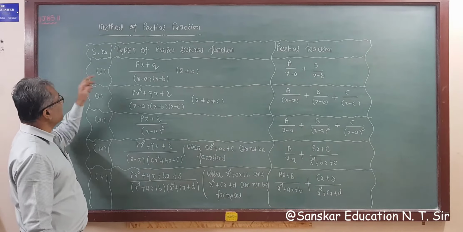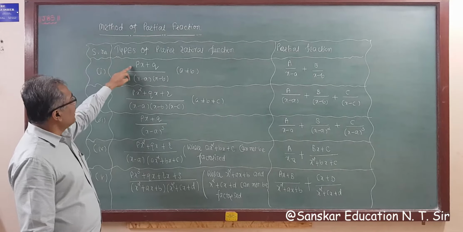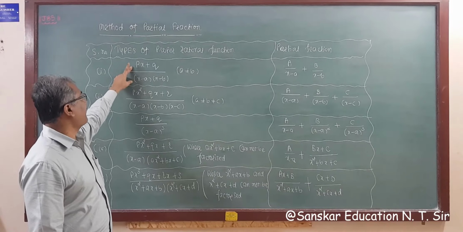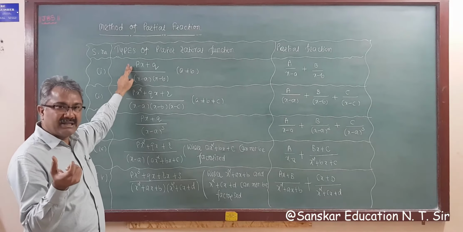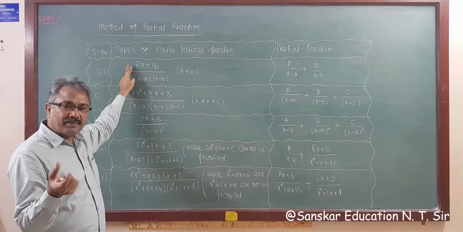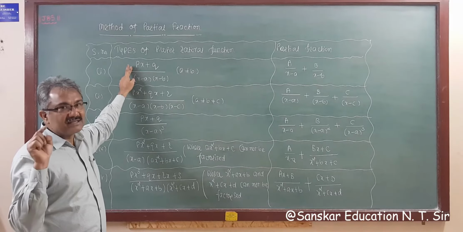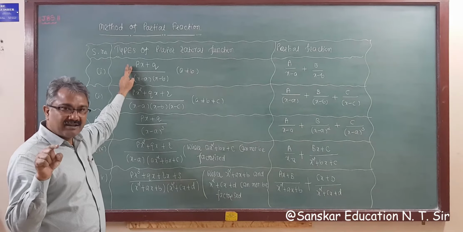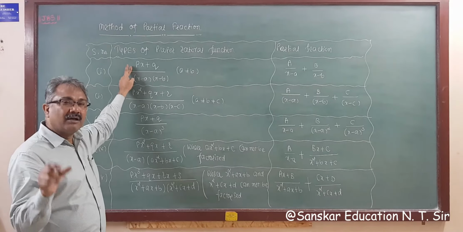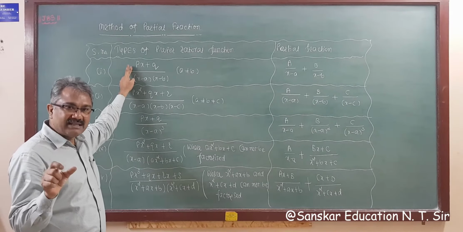Suppose the first case is that you have this type of factor in the denominator. While applying the partial fraction method, the function should be a proper rational function and the denominator should be factorized.